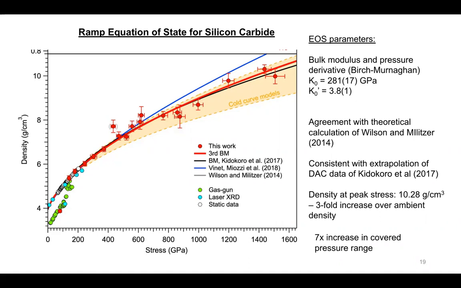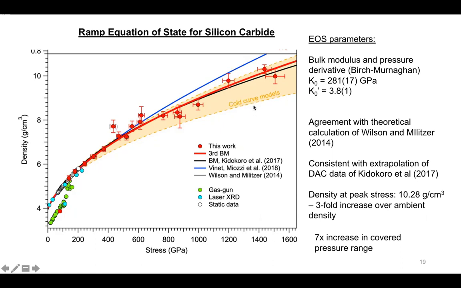That's actually, I think, a really useful part of these experiments, the ability to compare and test with theoretical calculations. There's actually been a huge number of theoretical calculations of silicon carbide over the years. They don't all agree with our work. Actually, there's quite a wide range. This yellow band shows all the cold models that have been reported in the literature over the years.